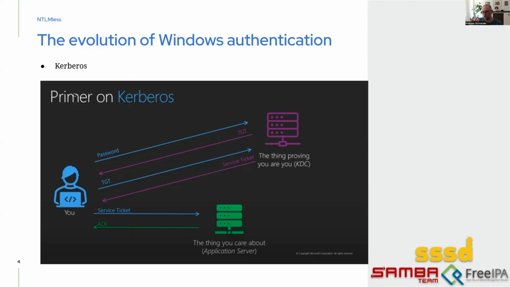You authenticate normally with your username and password there, or with another mechanism, and get a ticket granting ticket. With this ticket granting ticket, you are able to get a service ticket to actually connect to the service you care about. That means that you are in the same network as the KDC and also as the application server or the service you want to connect to.